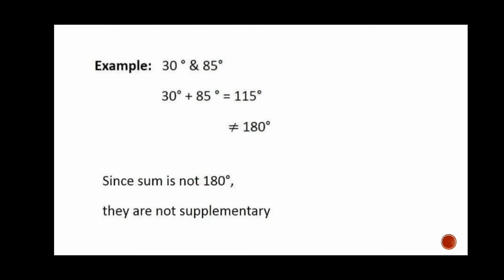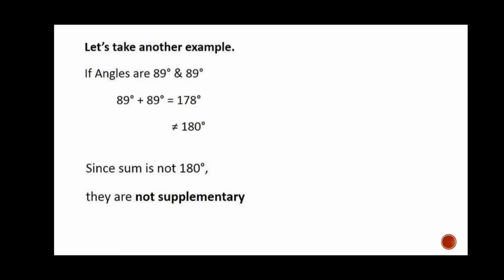Now let's take another example to understand this. Suppose we have taken two angles, 89 degree and another also 89 degree, and we know that 89 degree is an acute angle.